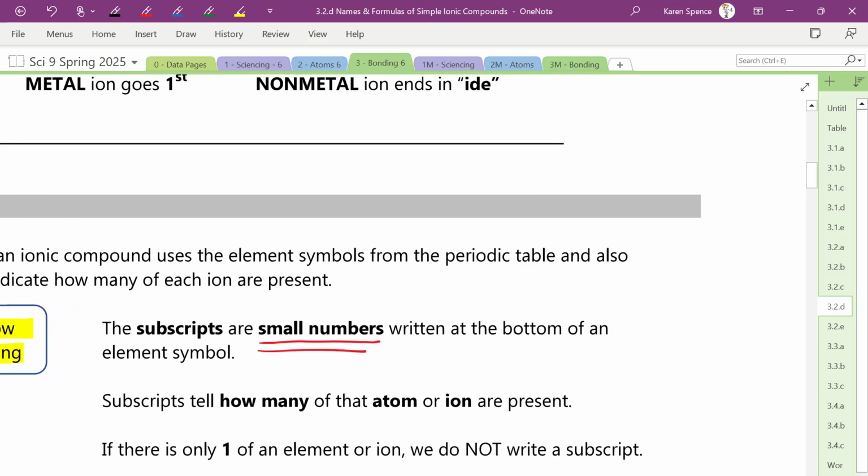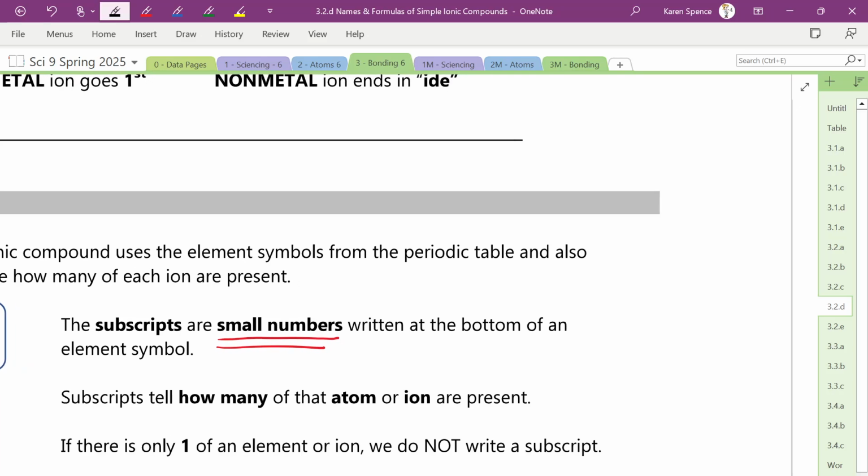So let's say, for example, I had, what's a good one? C12, H22, O11. Those little tiny numbers there, down at the bottom, those are subscripts.